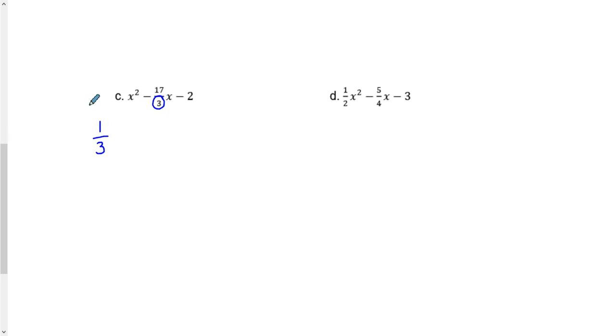So we're asking ourselves 1 divided by 1/3. That's the same as 1 multiplied by 3/1. 1 times 3 is 3. The next one, we have 17/3 divided by 1/3.